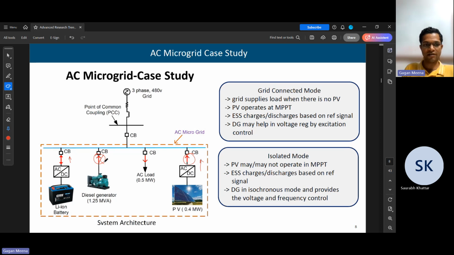Here, no converter is required. So in isolated mode, PV may or may not operate in MPPT, and storage will charge or discharge based upon its SOC. And the DG will operate in isochronous mode. That means maintain a constant speed and provide the voltage and frequency control.